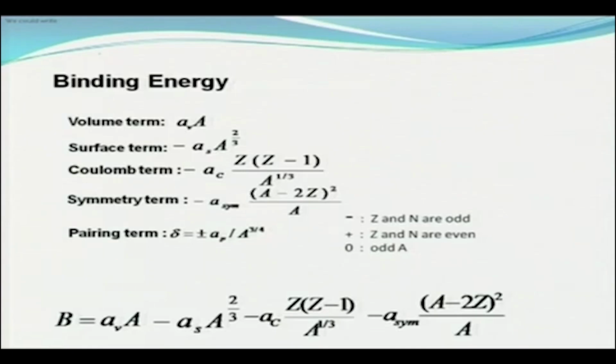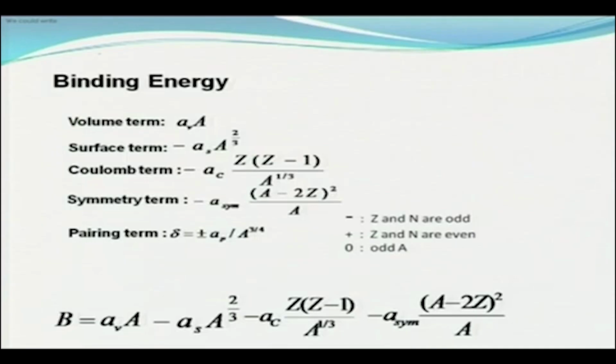This term is equal in magnitude to A_p, some constant, divided by A power 3 by 4, some kind of an empirical estimate, and it is positive when both Z and N are even.